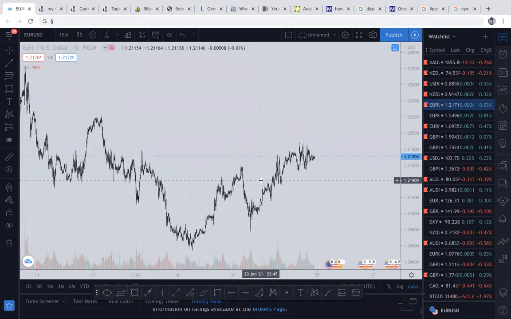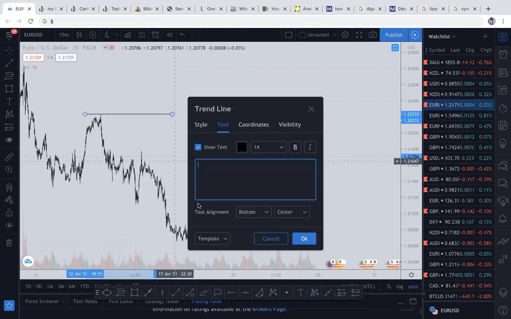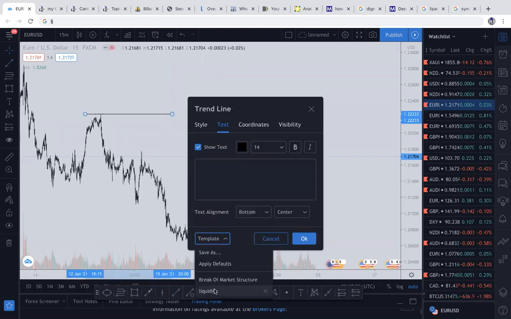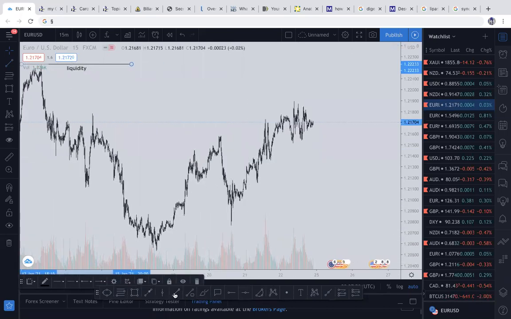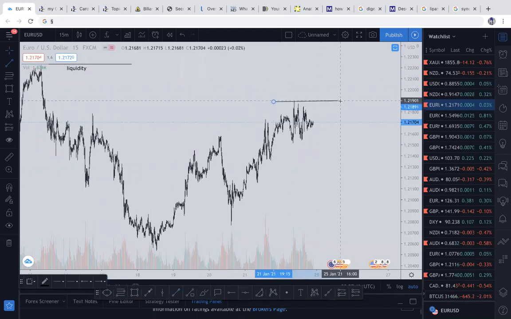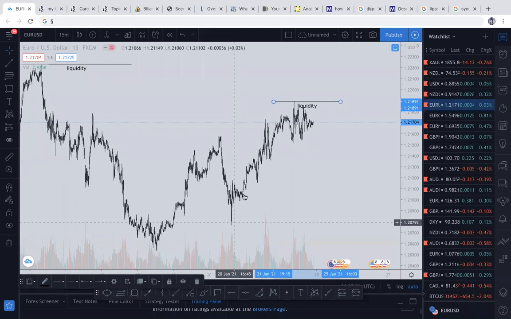So let's have a look at this. In this case, if I look at this right here, this is my area of liquidity. I'm going to mark it up. My next area of liquidity is there. Next area of liquidity is here.